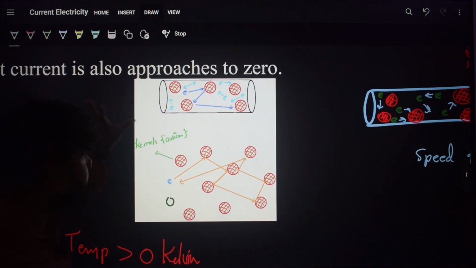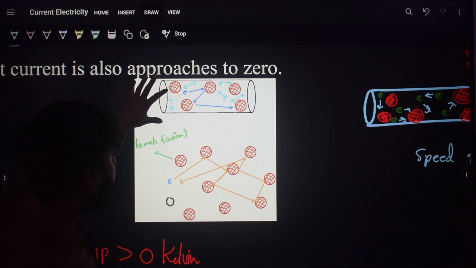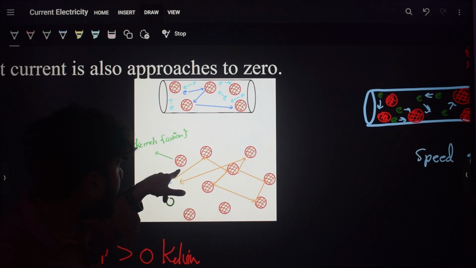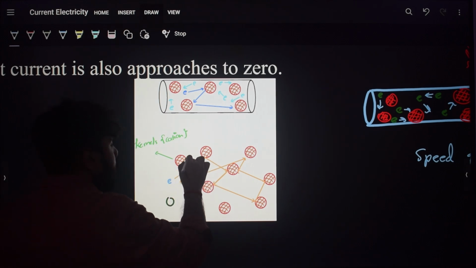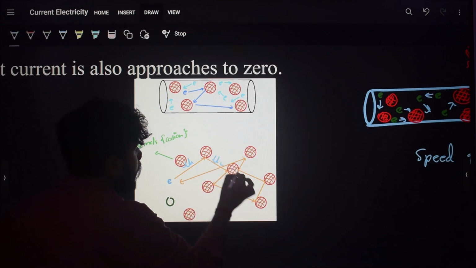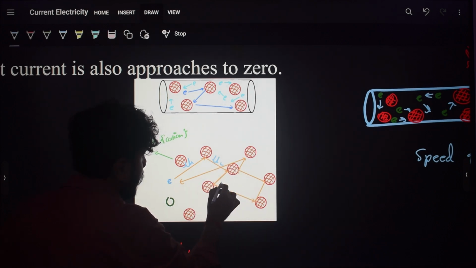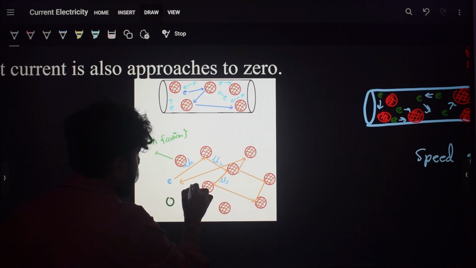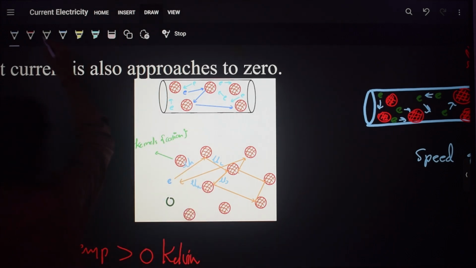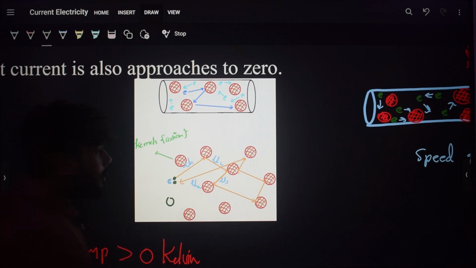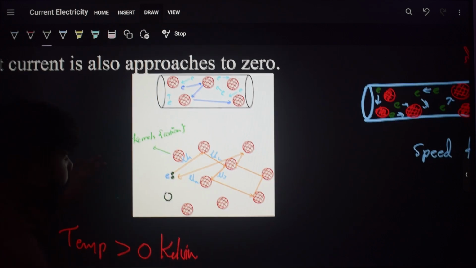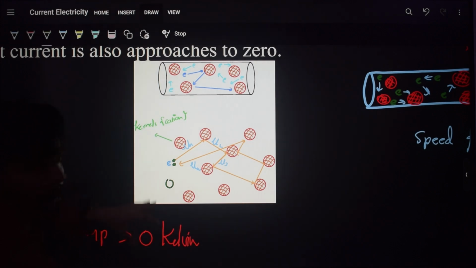Let's talk about the individual electron, or we will talk about all the electrons also. They will start to move from one point and they will have constant collisions, going with some velocity u1 and u2, u3 and so on, up to un. Because of this constant collision, their initial and final point is going to be the same. Correct? So actually they are not reaching any point.